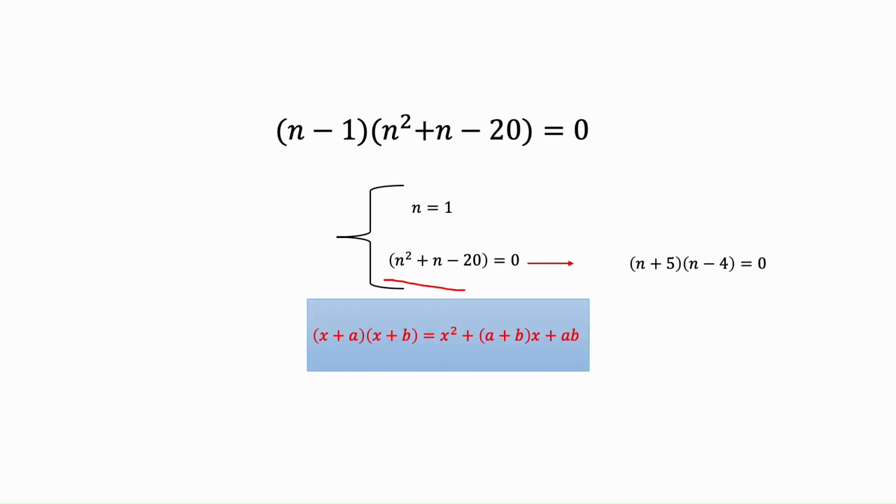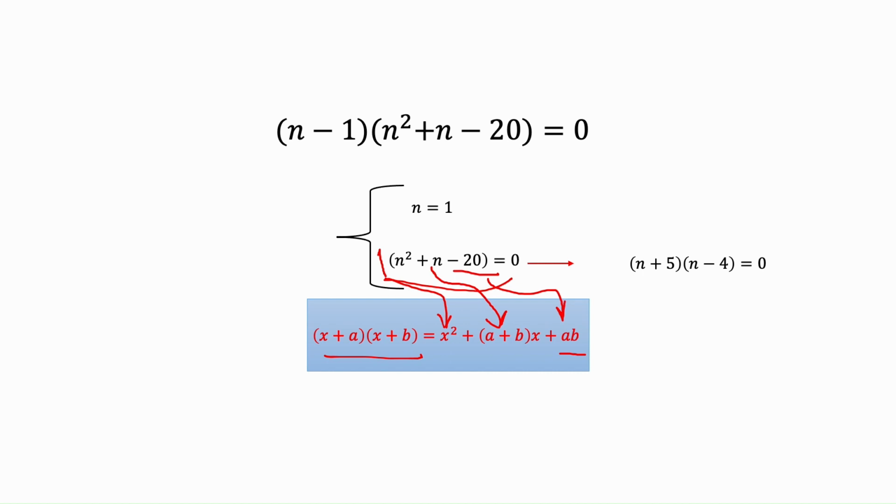For finding these two roots, I want to use this formula, which is x plus a times x plus b equals x squared plus the summation of a and b times x plus a times b. So if we look at this equation, this is going to be this part, and a plus b is going to be 1, and minus 20 is going to be our a times b.